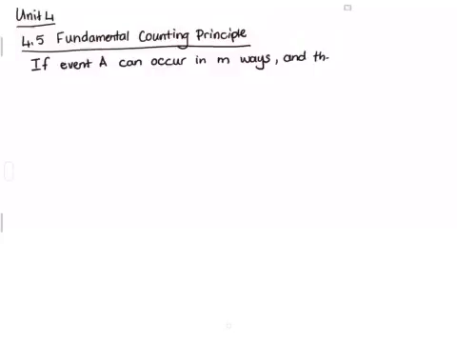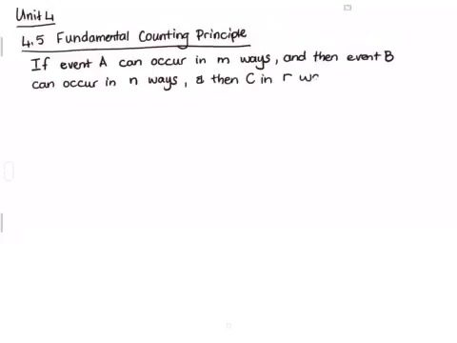And then, so after you've done this thing, then if event B can occur in so many ways, and then event C in so many ways.